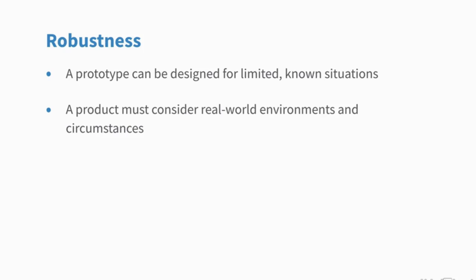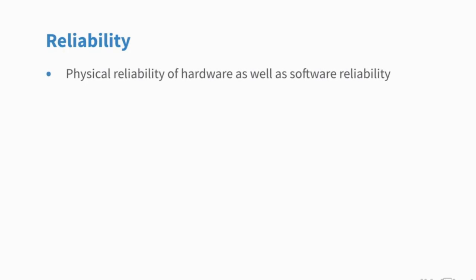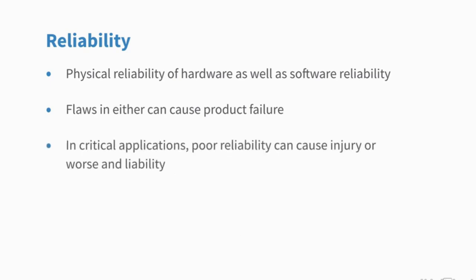You have to consider the physical reliability of your product's hardware as well as the reliability of the learning model and other software. Flaws in both physical and software reliability can not only cause product failure, but injury and liability in critical applications. Maintenance is necessary to ensure that a machine learning model remains accurate and efficient over time.